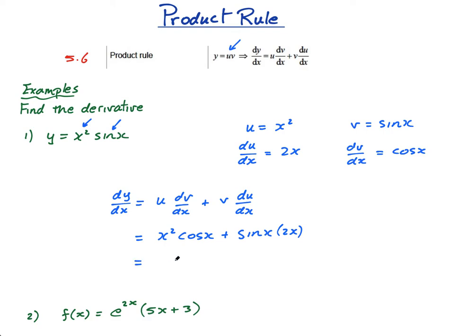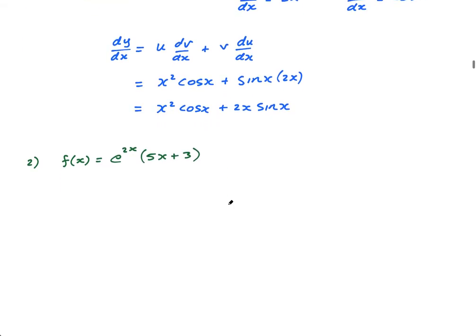Probably best to write it as x squared cos x plus 2x sine x, but that's it, done. Fairly straightforward. Just recognize that it is product rule, and then take your time and apply what you need to do to the formula. I want to do one more example.